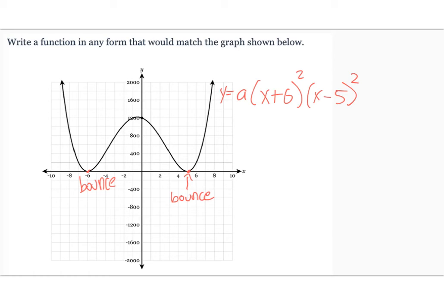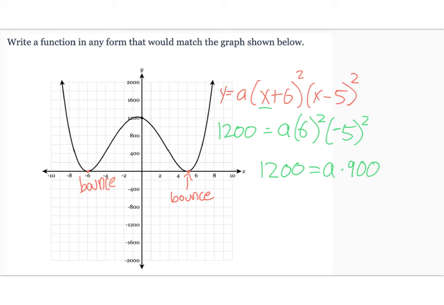Here we've got 1200 is equal to a. If I plug 0 in for x, 6 squared, and then 0 in for x, negative 5 squared. So we got 1200 is equal to a, and 36 times 25 is going to be 100 times 9 is 900.